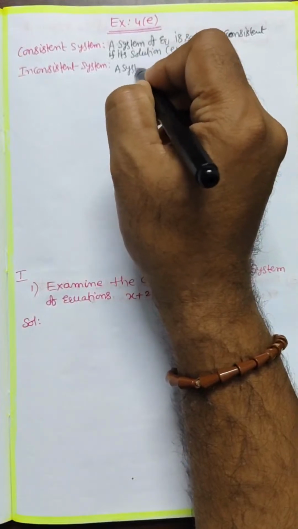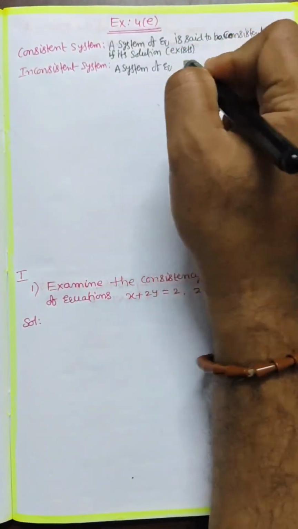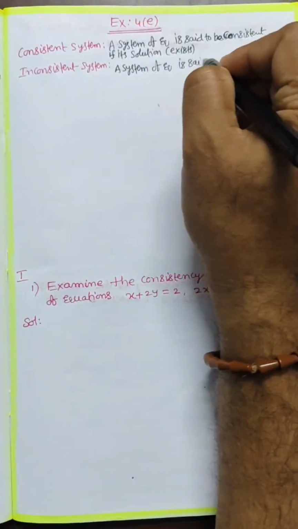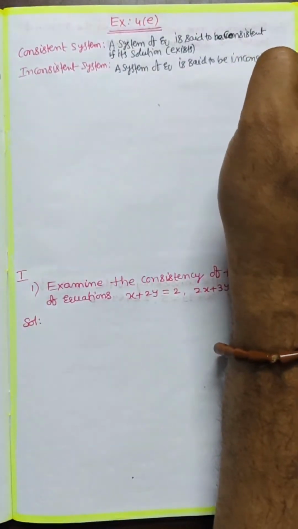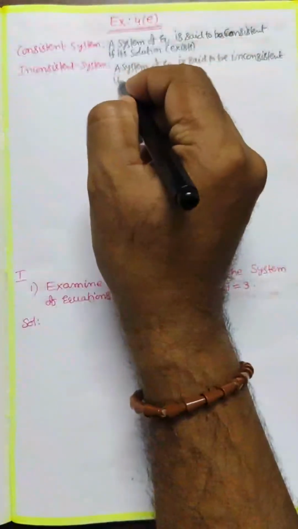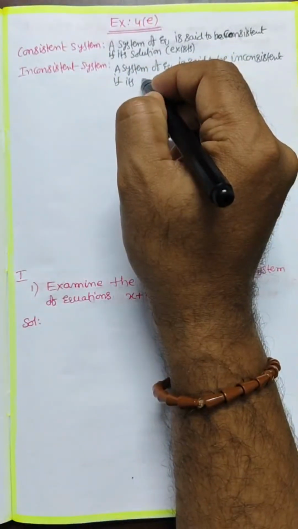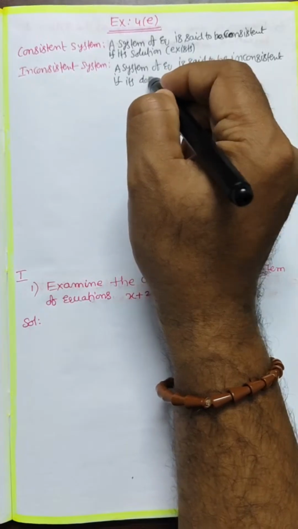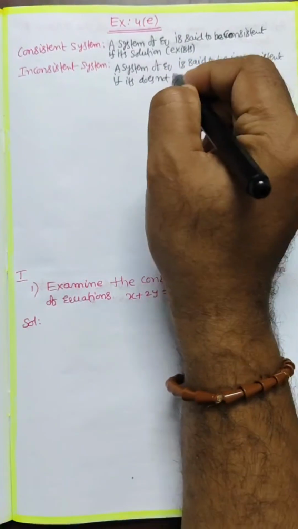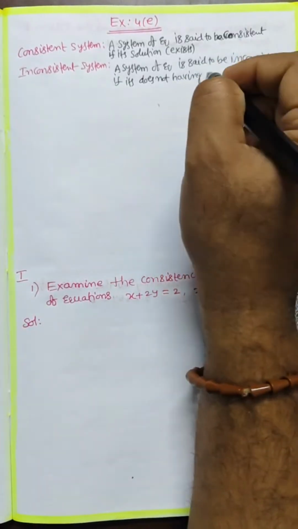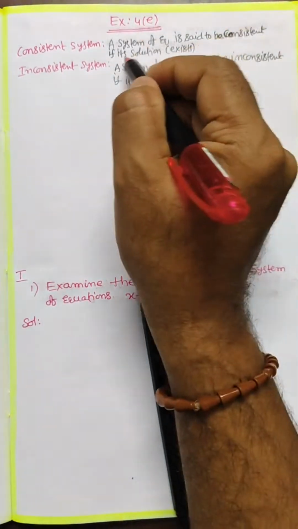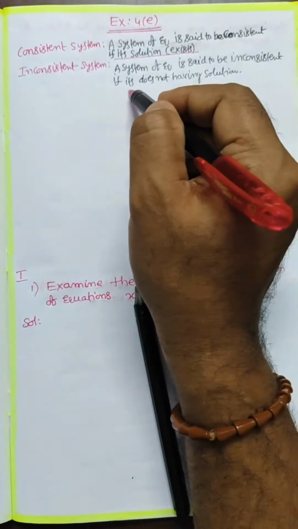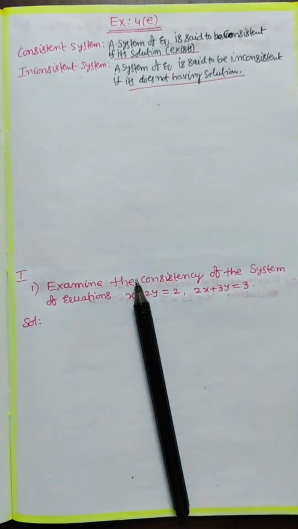A system of equations is said to be inconsistent if it does not have a solution. So if a solution is there, it is consistent. If it does not have a solution, it is inconsistent. I hope you understand, students.